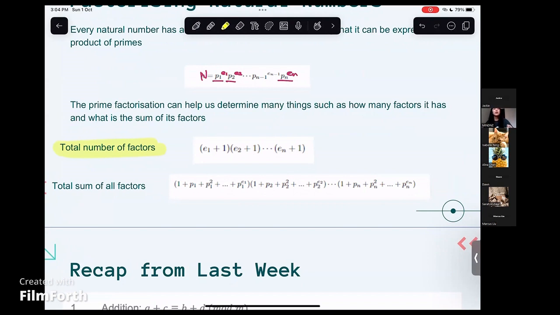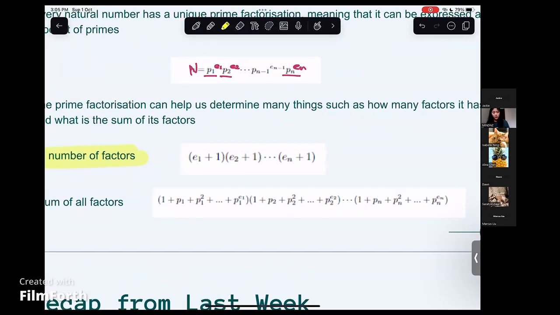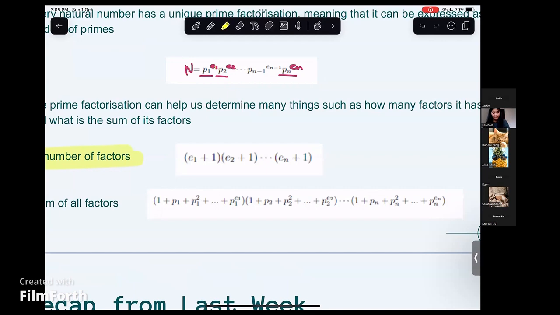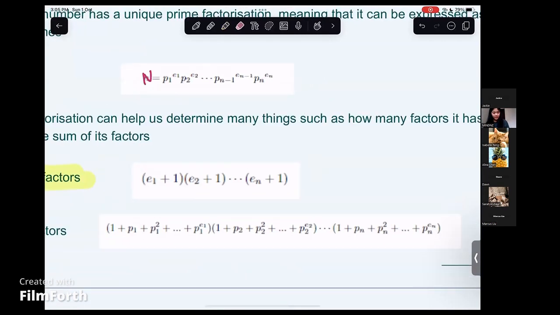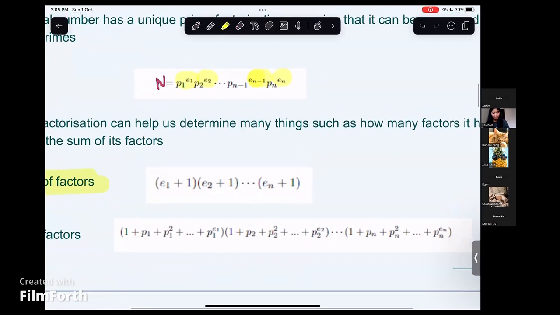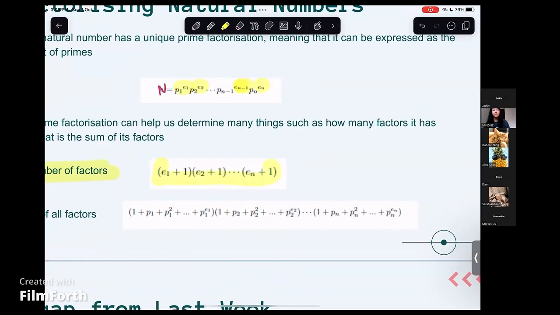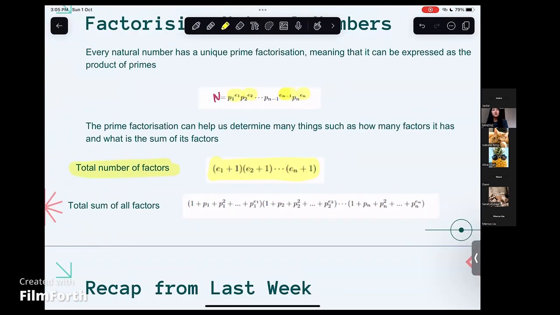The easier way is to consider the exponents of your prime factors. So we have our number here, and we know that these are the exponents, and the total number of factors is each exponent plus 1, all multiplied together.